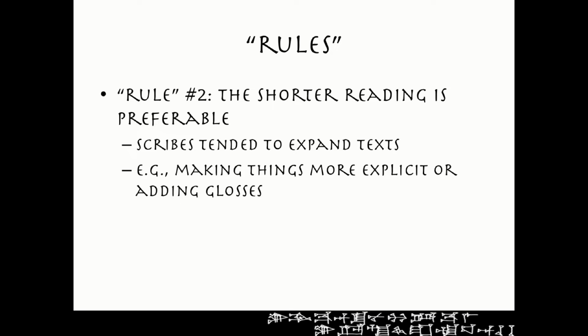Or if there was a gloss that you could add to make sure that the person understood what word you were talking about specifically, they might do that. So then that longer reading, that expanded reading, that gloss, would represent a later correction, or a later addition to the text. And so the shorter reading would be preferable.